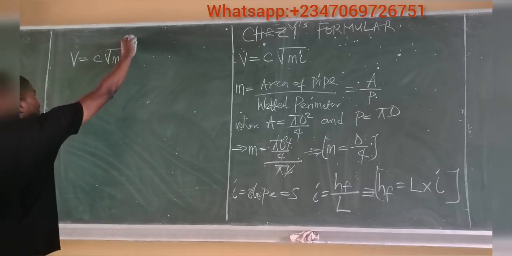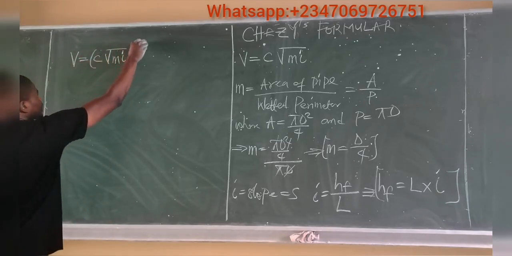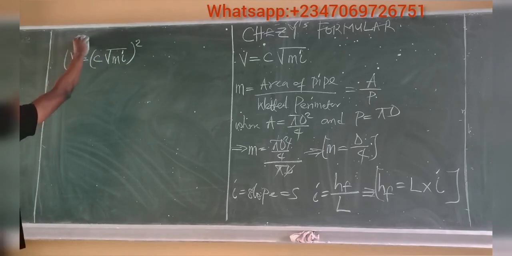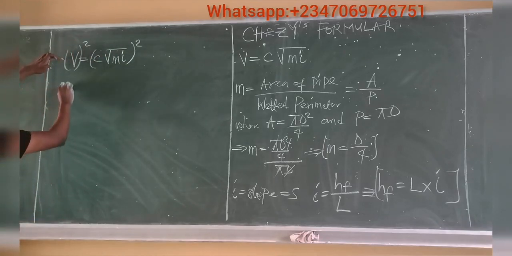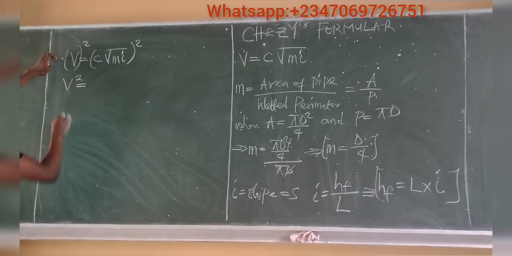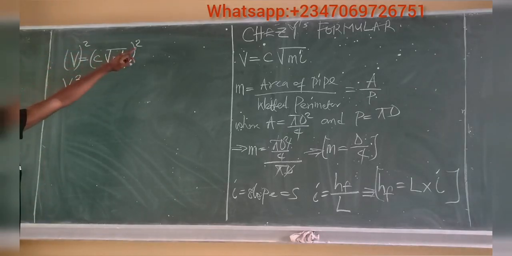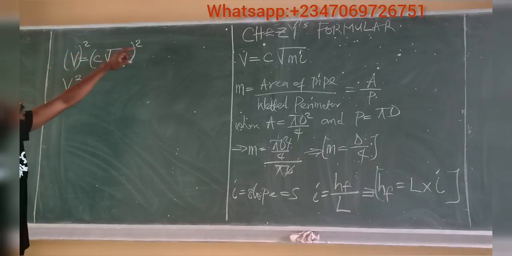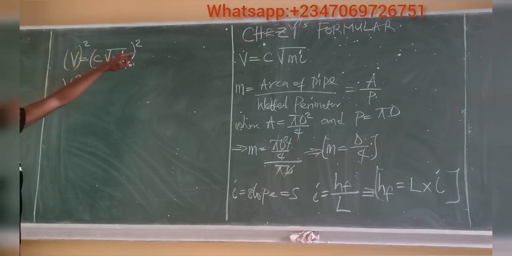That means I have to square both sides. If I do that, I have V squared, and that is equal to, remember, this is also under the influence of these two.